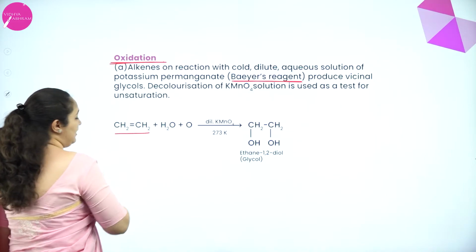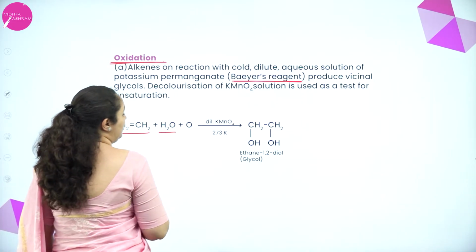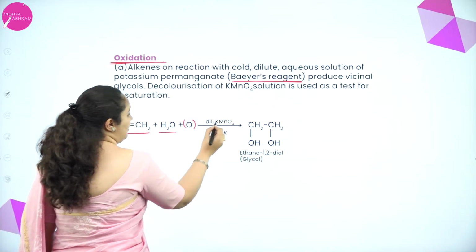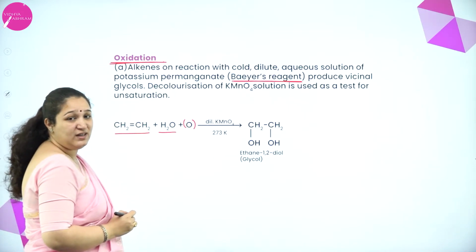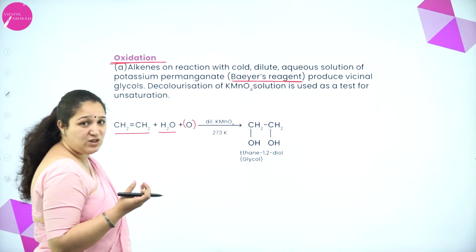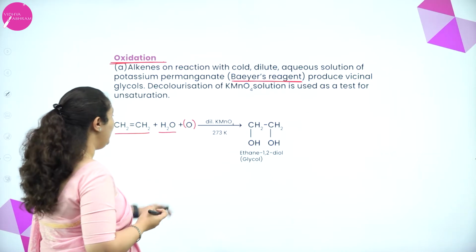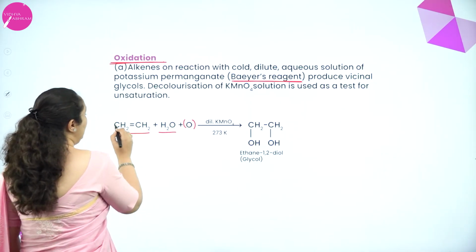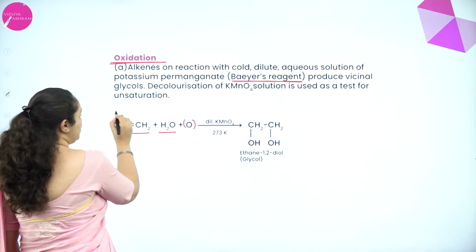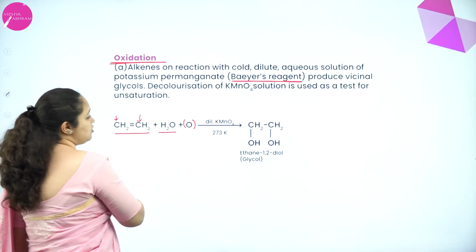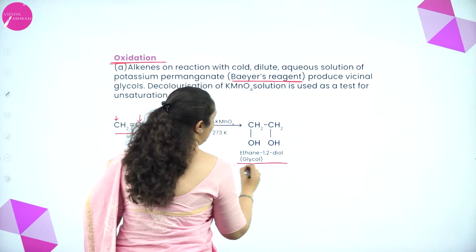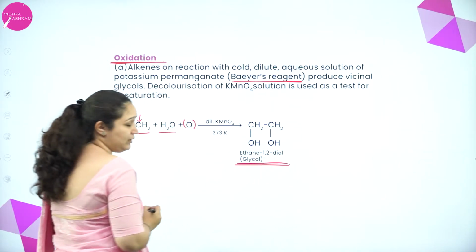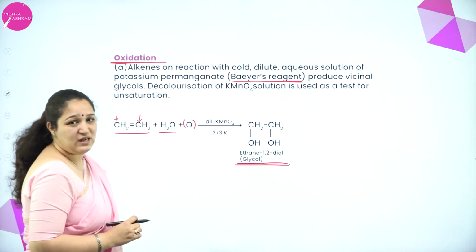For example, you are taking ethene, treating it with water. Potassium permanganate gives nascent oxygen for the reaction. That should be cold, that's why it is 273 Kelvin. You can see for this carbon atom, one OH group will get added, for this also one OH group will get added, to give ethane-1,2-diol, whose common name is glycol.